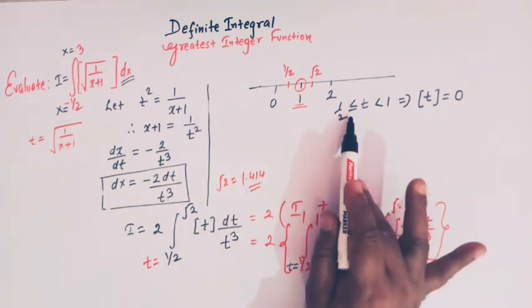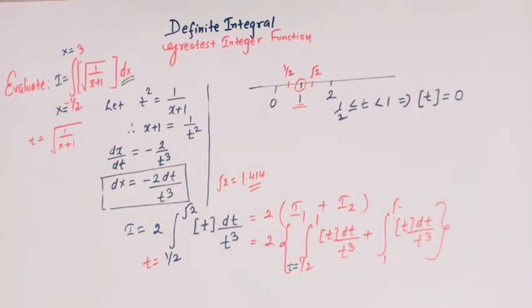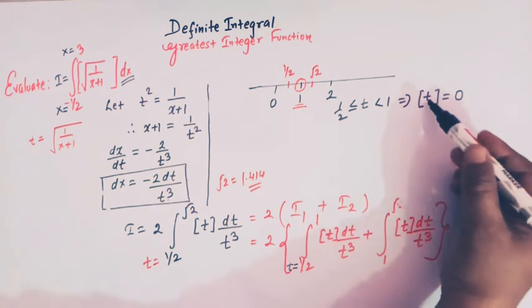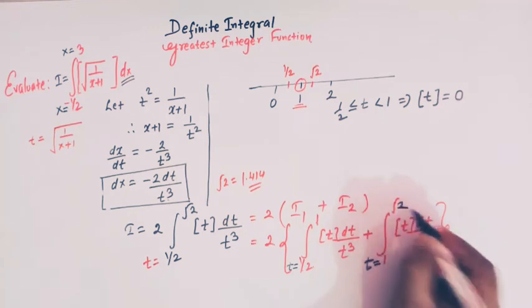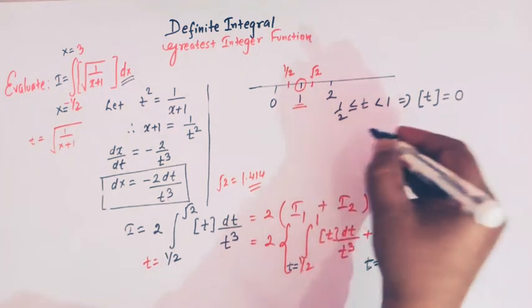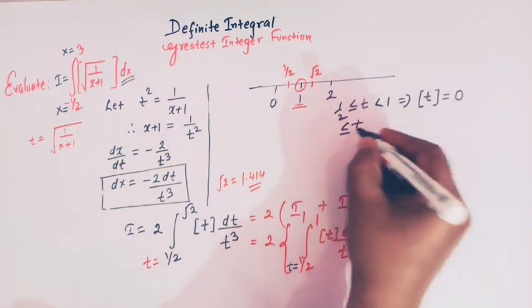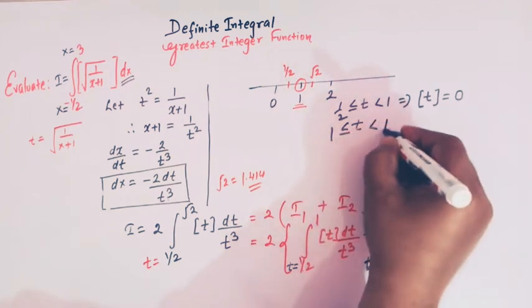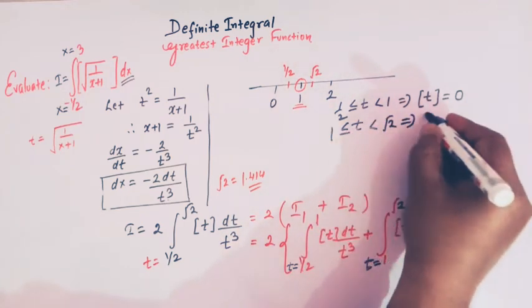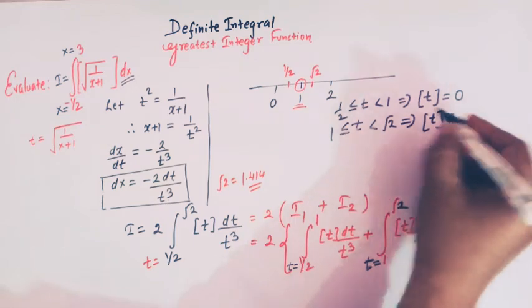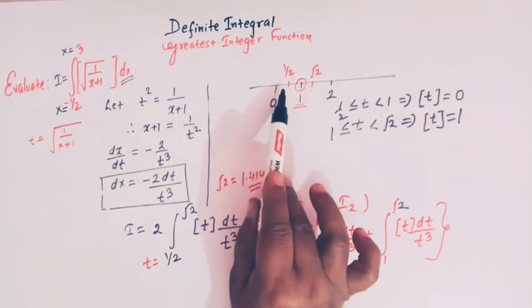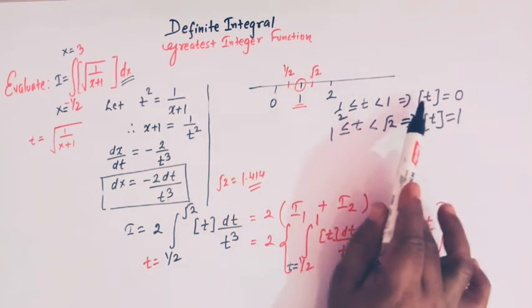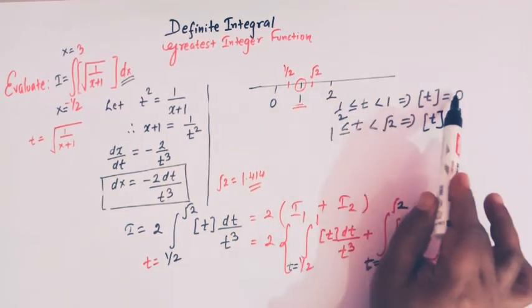Because this is the definition of greatest integer t, and when t lies between 1 and square root of 2, then we can write the value of greatest integer t as equal to 1, right? So when t varies from half to 1, then the value of greatest integer t is 0.